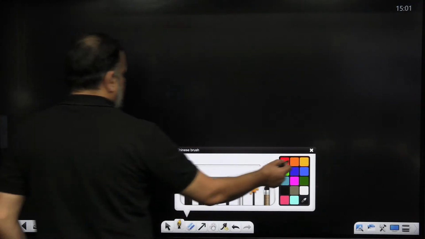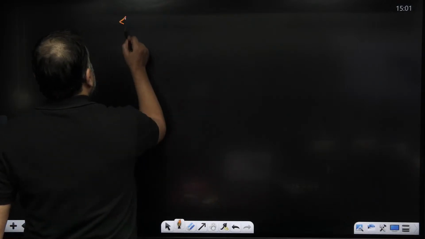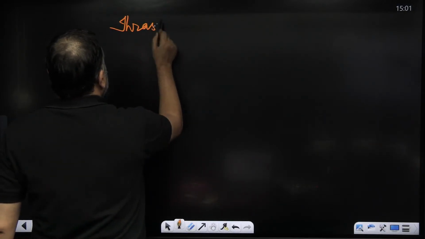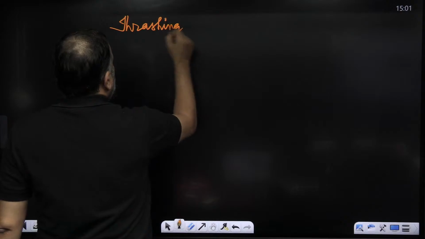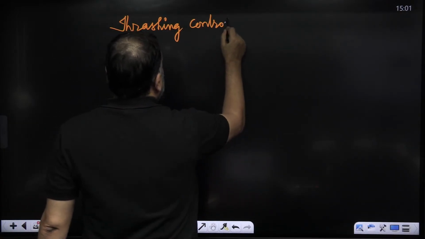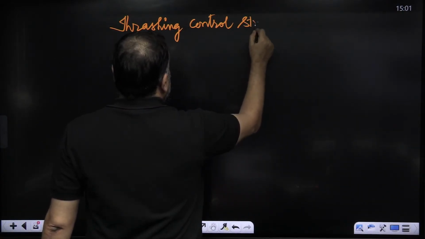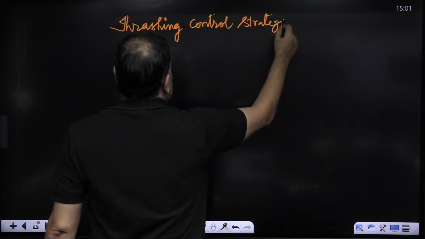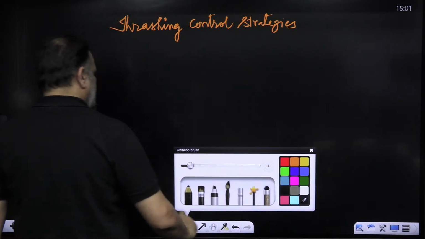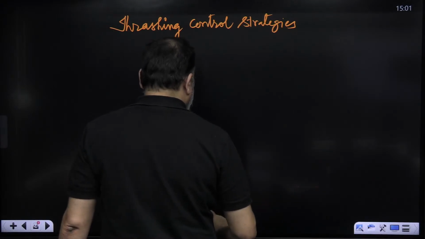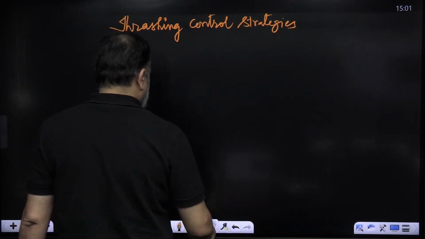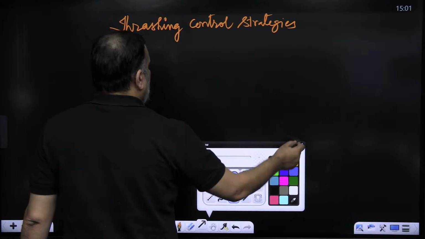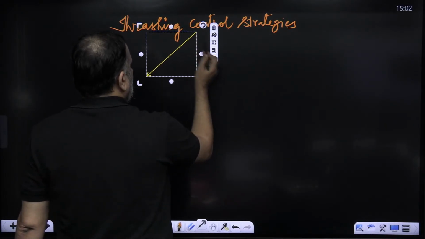Thrashing control strategies. Essentially, the thrashing control strategies can be grouped into two types.